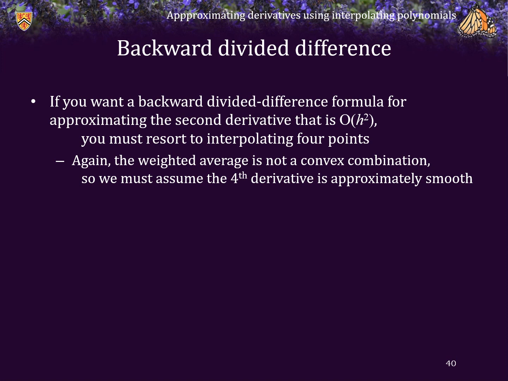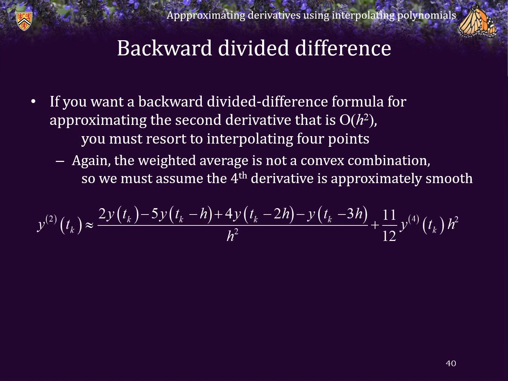So once again, we would have to end up assuming that the fourth derivative is approximately smooth, in which case the second derivative at t sub k is approximately this linear combination of the 4 y values, and the error term is approximately 11/12 times the fourth derivative at t sub k times h squared, assuming that the fourth derivative around t sub k is approximately constant.